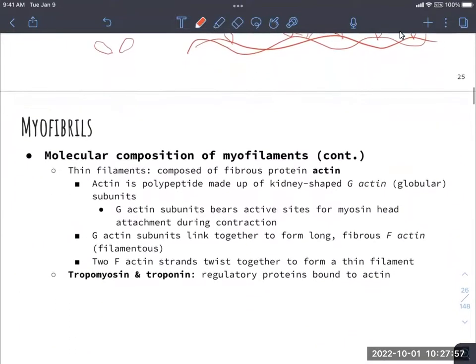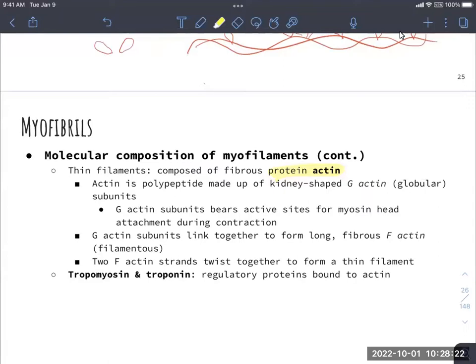So as we kind of talked about, the thin filaments are made of that same protein called actin. That's where they get their name. And they're technically like a kidney-shaped globular subunit. That's the best way to describe it.